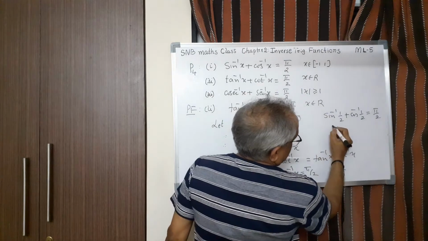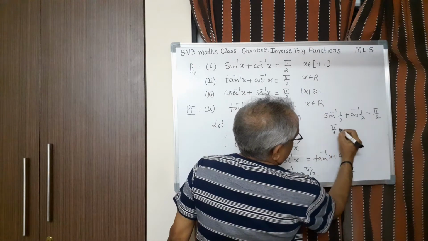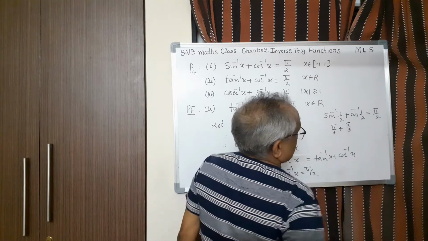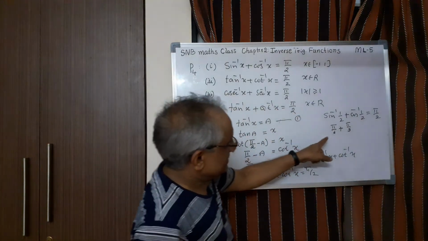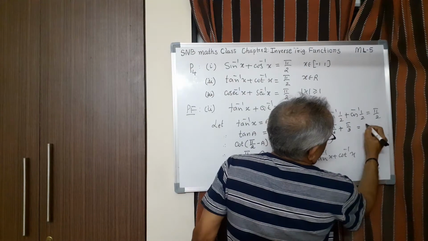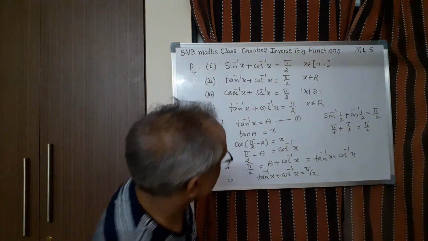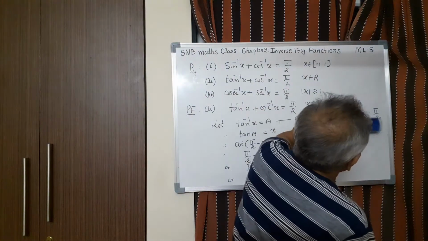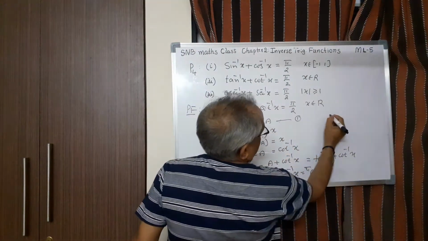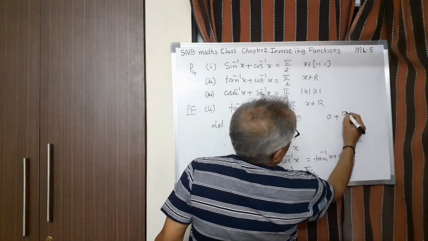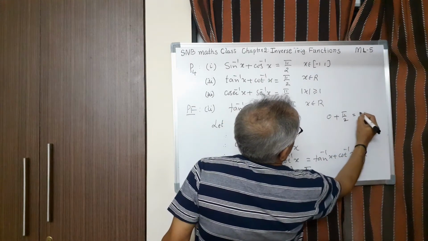It is 30 degree, pi by 6, plus cos inverse half is pi by 3, because 60 degree, and pi by 6 plus pi by 3 is pi by 2. You can check. Similarly, you can take any other value. Say for example, take 0. Sine inverse 0 is 0. Cos inverse 0 is pi by 2, because cos pi by 2 is 0. So once again it is pi by 2.